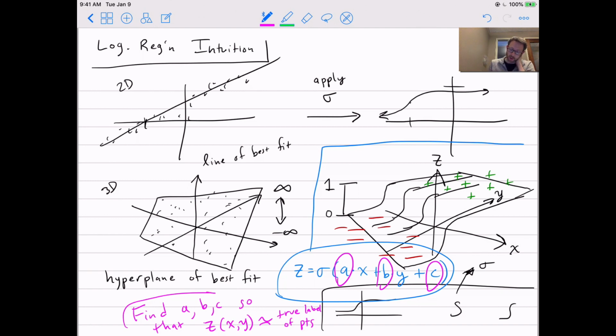And I didn't tell you how to find those A, B, and C, but when you train, you pick these values, A, B, and C, and when you're done, you have a fixed function, which basically is choosing a cutoff.